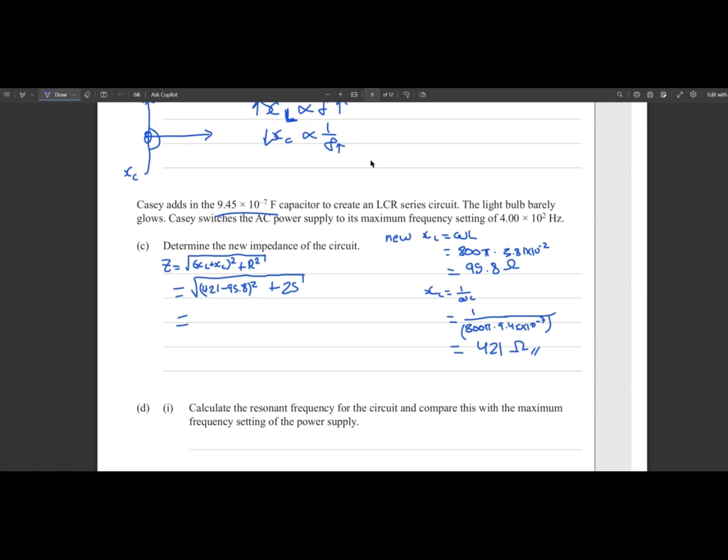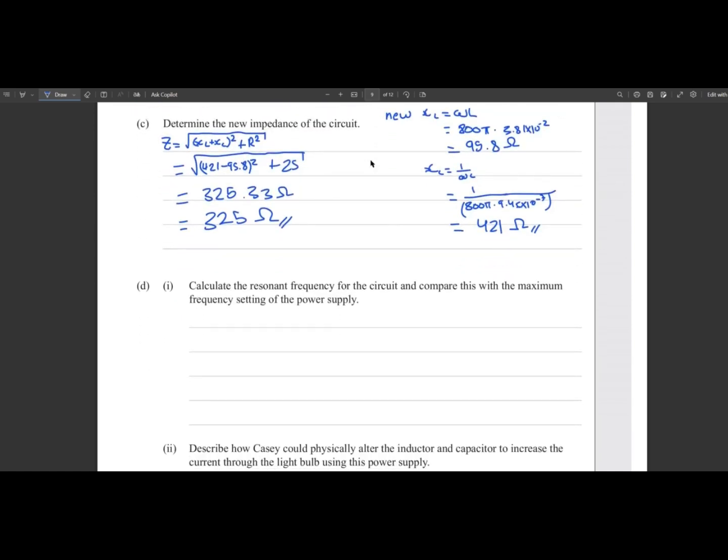Putting this all in my calculator, 421 minus 95.7557, squared, plus 25, I get 325.33 ohms, which is 325 ohms to three significant figures. Now, calculate the resonant frequency for the circuit and compare this with the maximum frequency settings of the power supply.